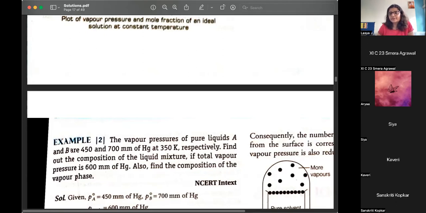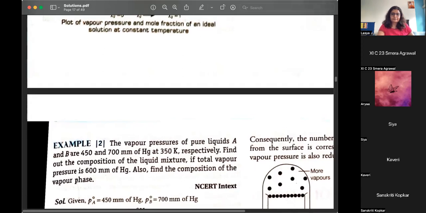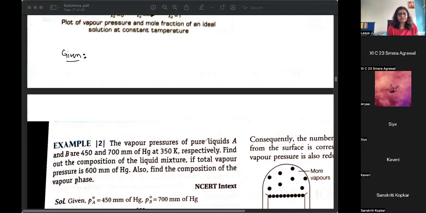If anyone is stuck, not able to figure out how to proceed, let me know. Otherwise, continue solving. In case you don't know how to proceed, always start with the given. Figure out what is given here, the values 450, 700, 600, what they are. Then find what you are supposed to find, then see what formula you can apply.